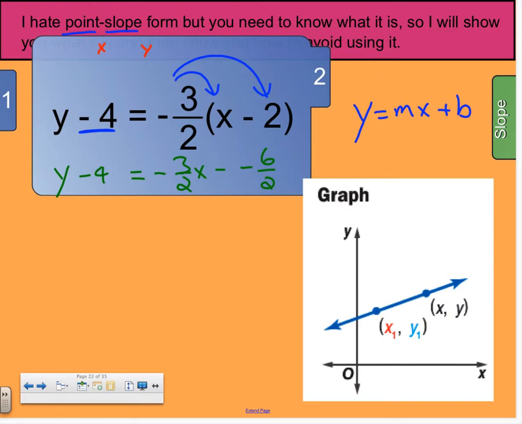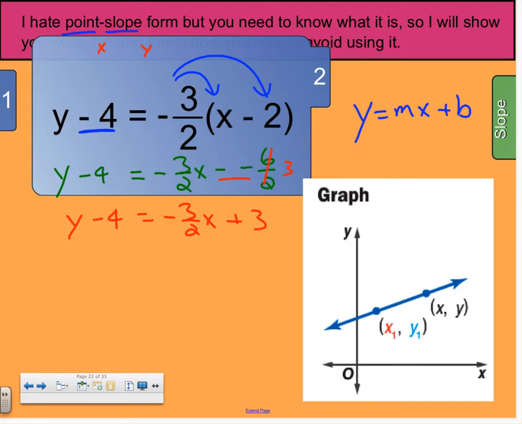Okay? Now we can do some simplifying. First of all, negative 6/2 is the same as negative 3. And then minusing a negative can be rewritten as addition. So I've got y minus 4 equals negative 3/2 x plus 3.